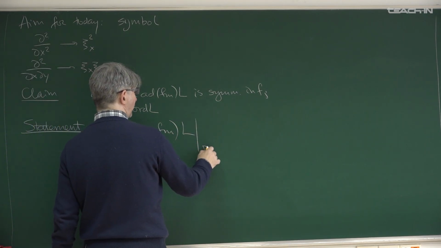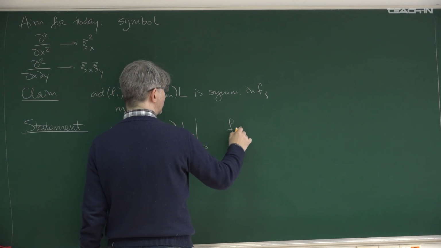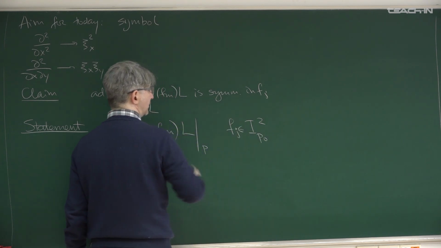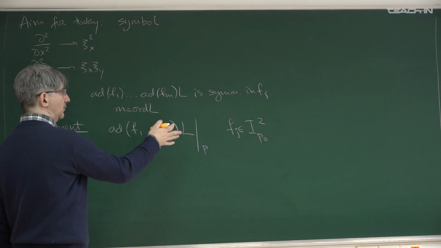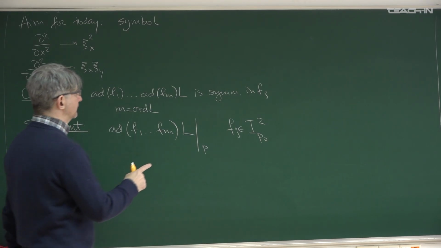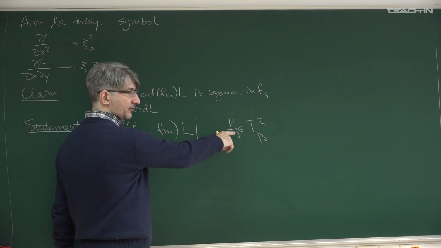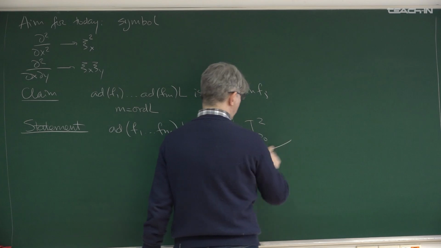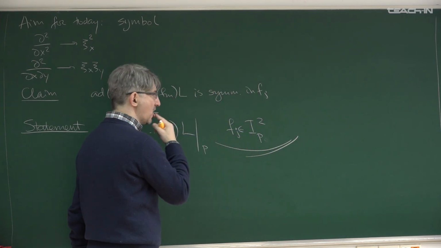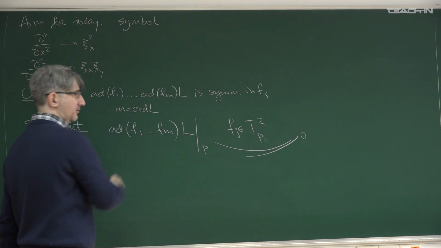So it happens at the point P, and one of them belongs to the square of the ideal of functions which vanish at the point P. So we consider this expression, and P and P0 are the same, so let me erase the 0. So this guy will be 0.